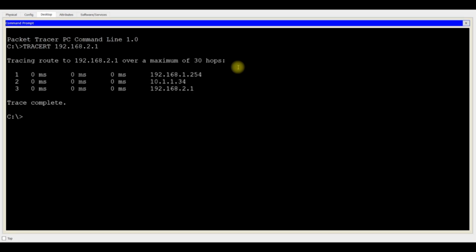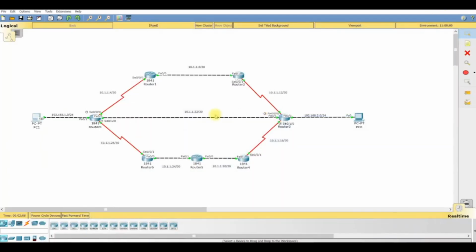We hit enter, and you can see you went to your gateway, you went to the 10.1.34, and then you actually went to the 2.1. So let's go ahead and make it go up this way and across to get to its destination. Not something you want to do, but you can do it by tweaking just the bandwidth.